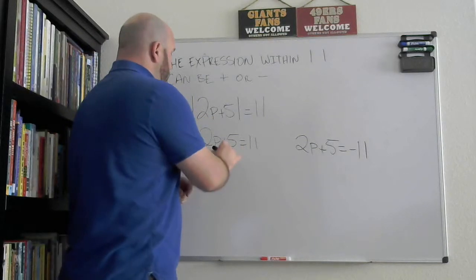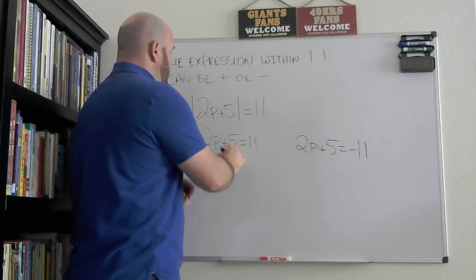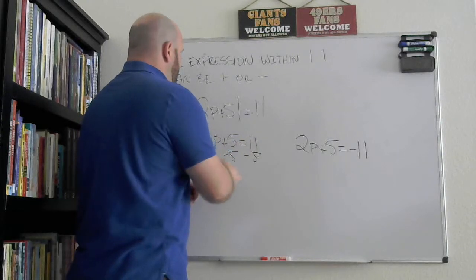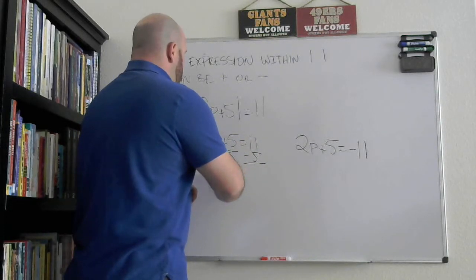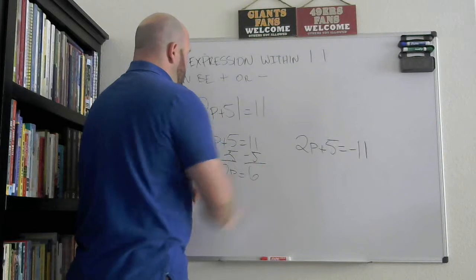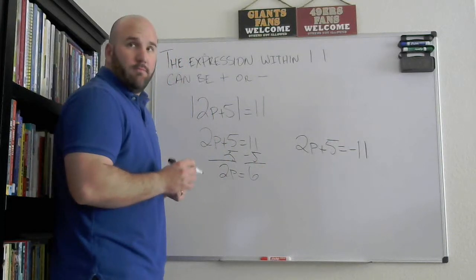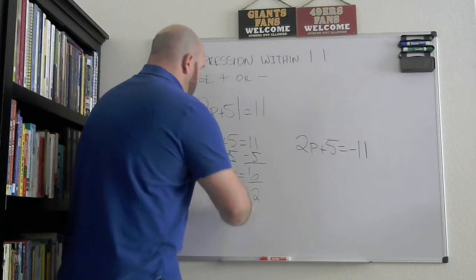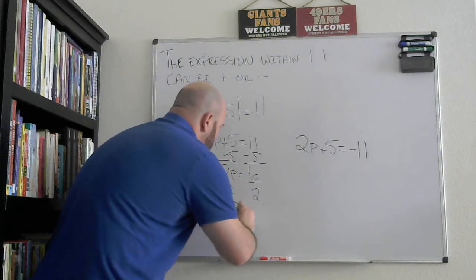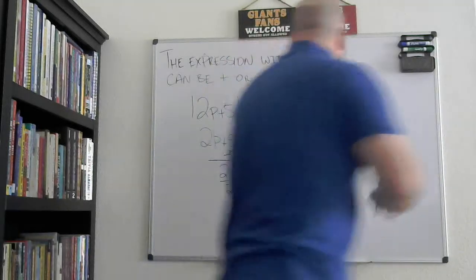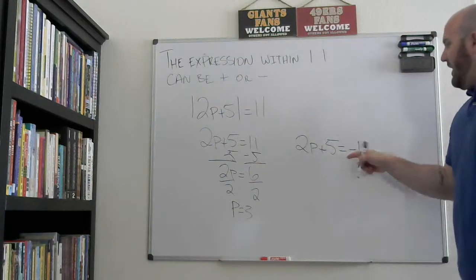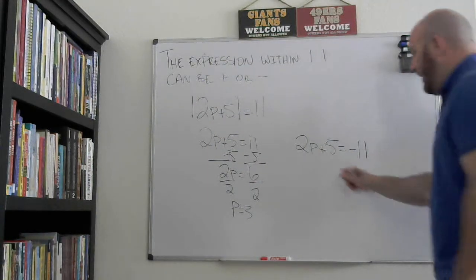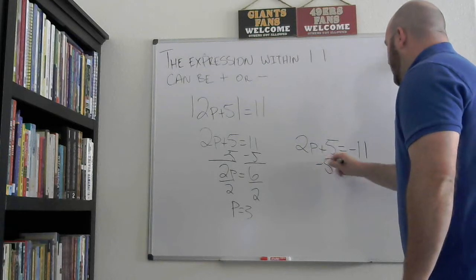So here we need to get rid of the 5, minus 5, minus 5. Now we know 2p equals 6. Get rid of the 2. How do we do that? Divide by 2, divide by 2. p equals 3. And then on this side, we have negative 11. Again, we need to get rid of the 5, so we subtract 5.